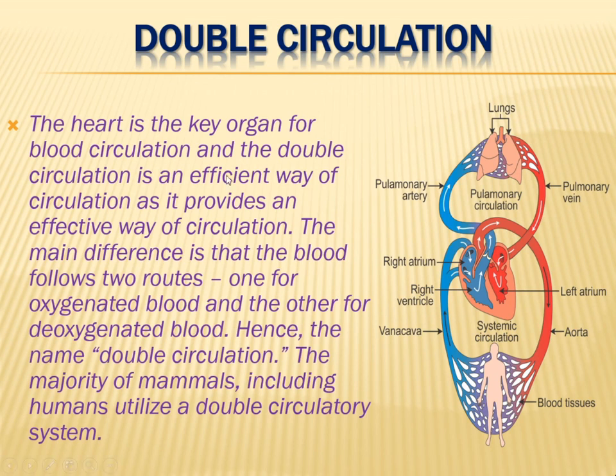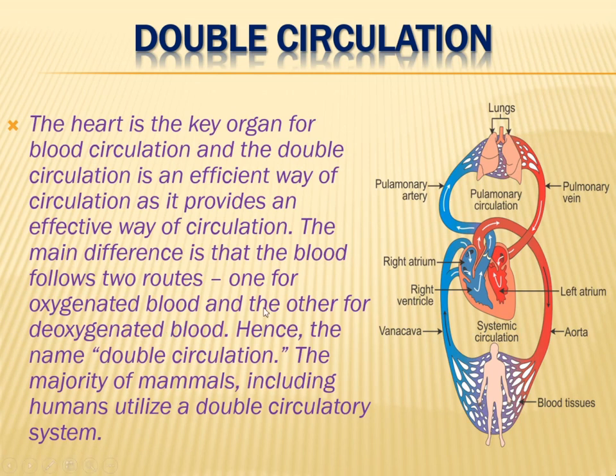Now let's take the concepts from this slide itself. The heart is an important key organ which is doing this blood circulation, and the double circulation is an efficient way of circulation which is helping in an effective manner, so that all the parts of our body get equal usage of the oxygen and the nutrients from the food, and so that the waste materials also come up from each and every part of our body, so that each and every part gets the energy and works normally for human beings to survive.